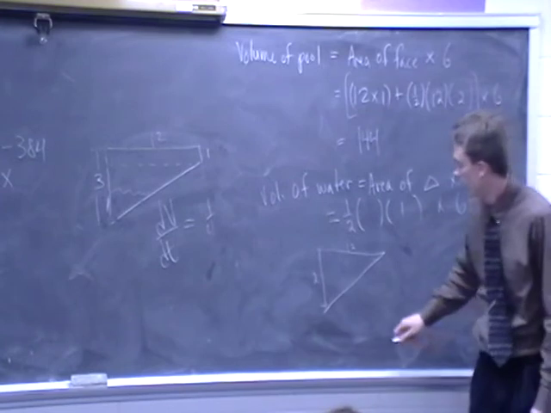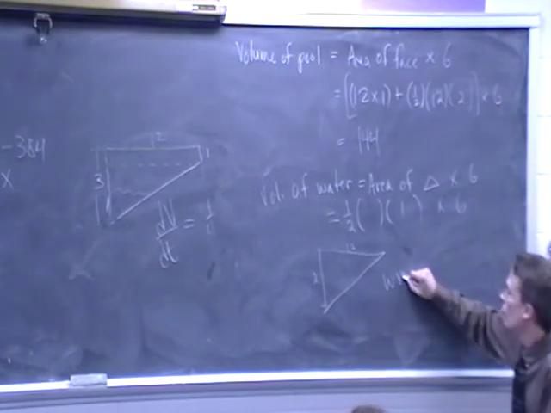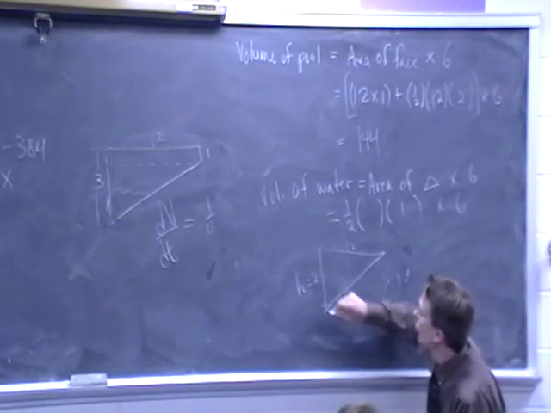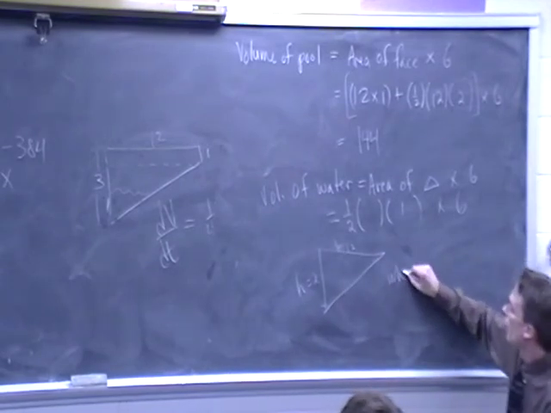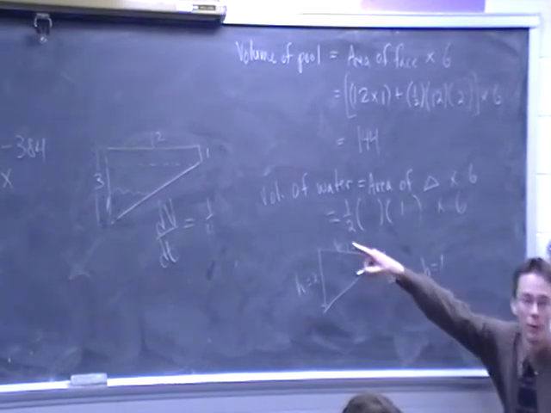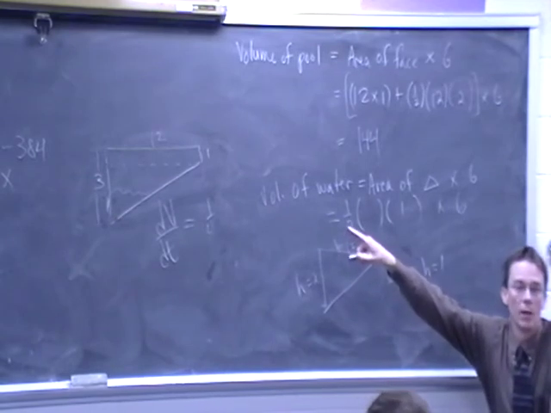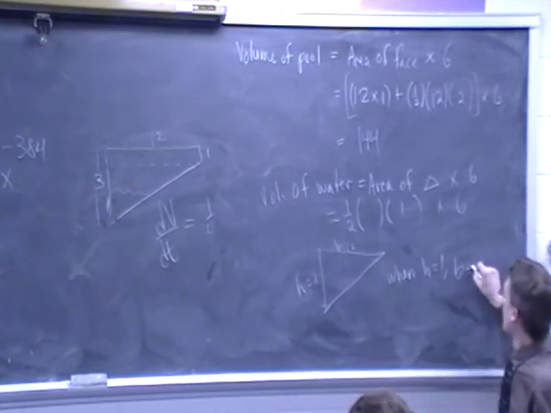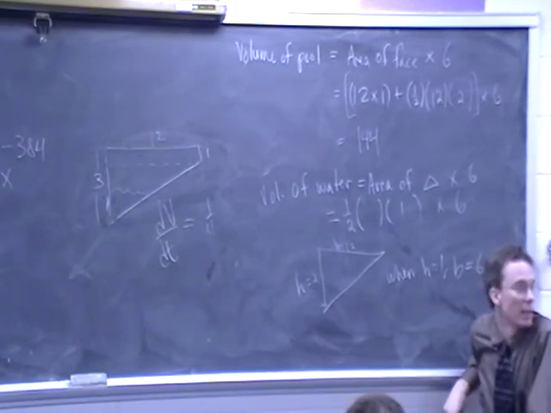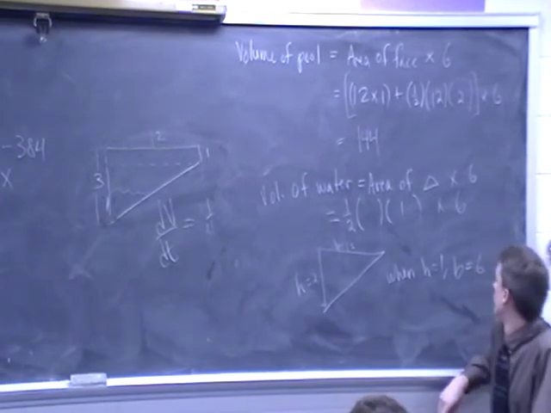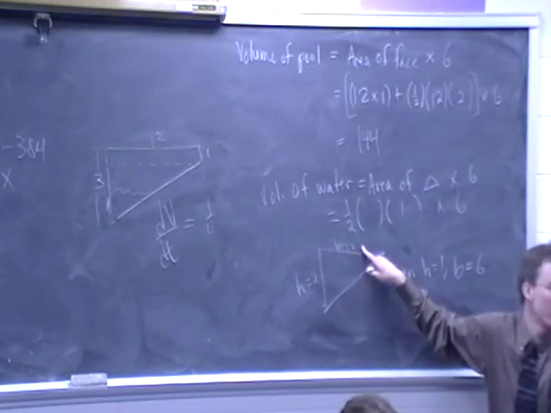It is 6, that was wrong. So when they're full, the height is 2 and the base is 12. But when the height is only 1, which is the situation we've got going on, the base is 6. Because it's half of the height. Exactly. Or the height is always a 1/6 of the base.